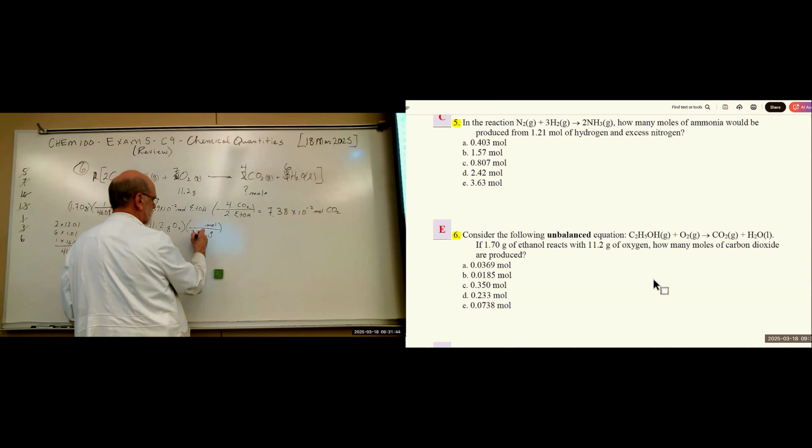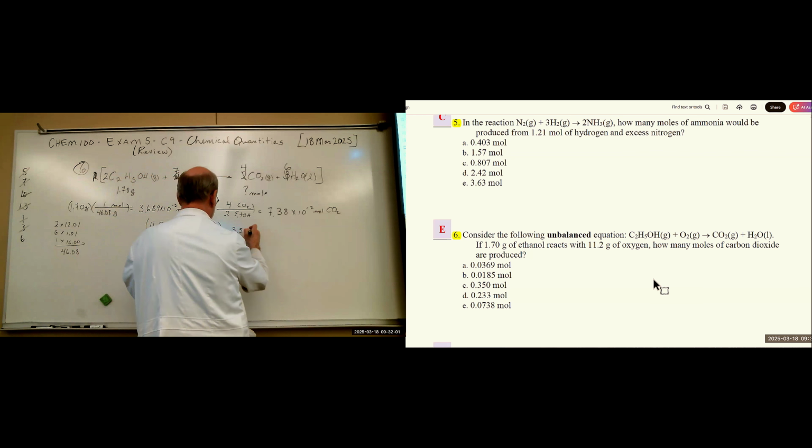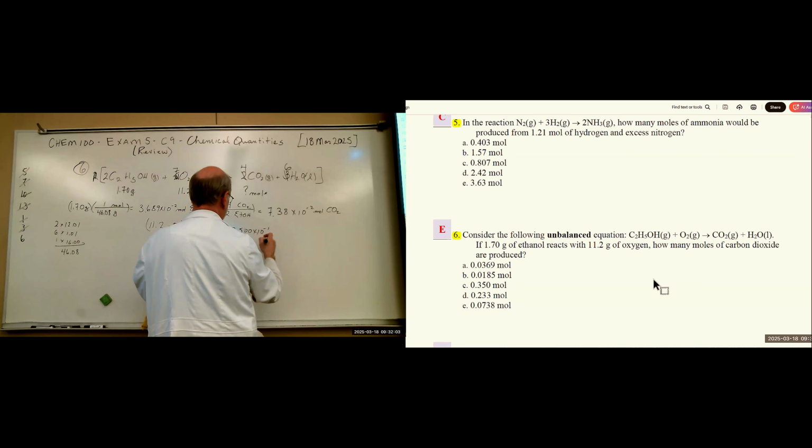So we'll divide that into 11.2. So this is 3.500 times 10 to the minus 1 moles of oxygen.